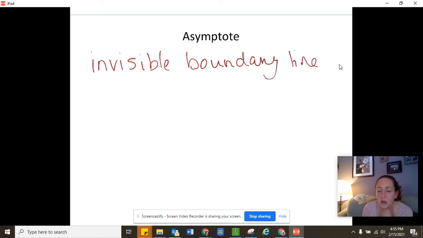And a graph will never cross it. So with the graphs that we are doing right now, where there's no transformations and it's just a times b to the x, our asymptote is the x-axis, or the line y equals 0. So that's our asymptote. Like we're never going to go below it.